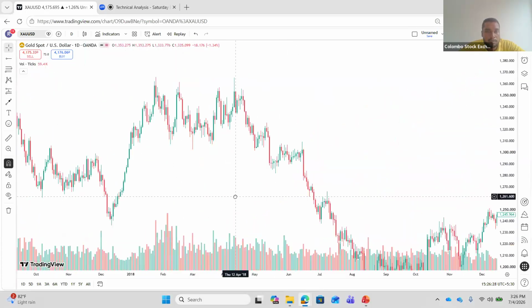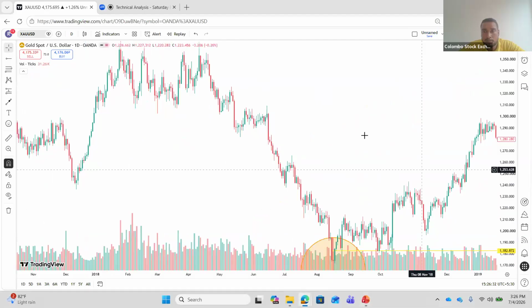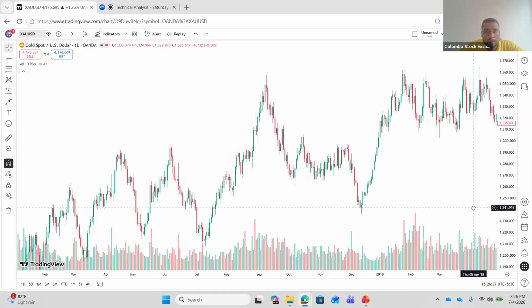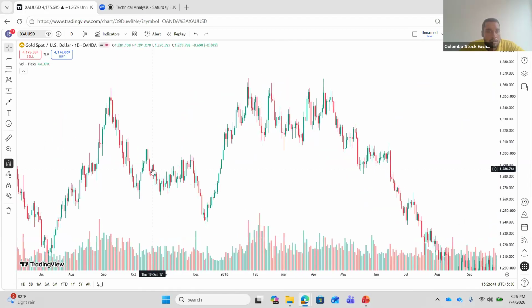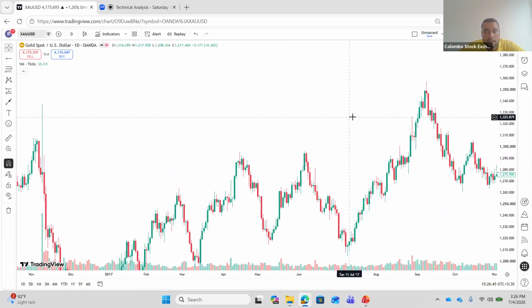You can also try to spot these evening stars on the chart. It usually is at the top of a trend, the top of an uptrend. Here it's a spinning top.